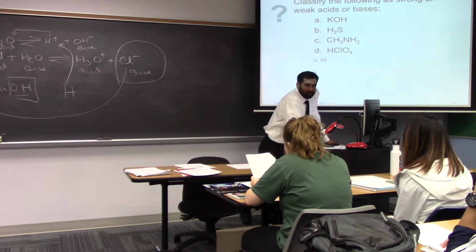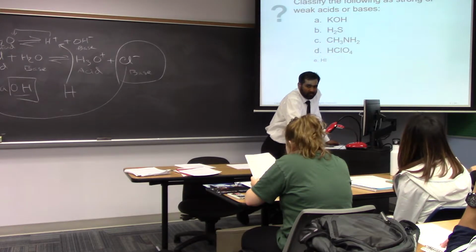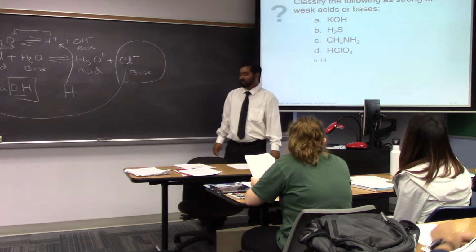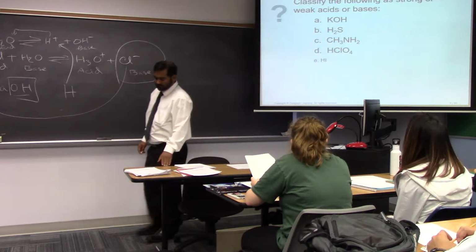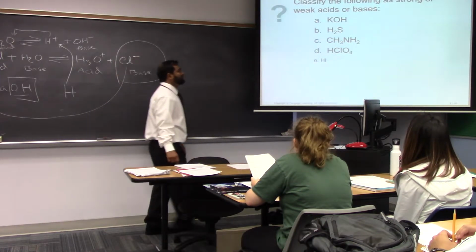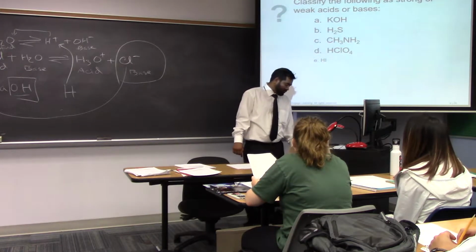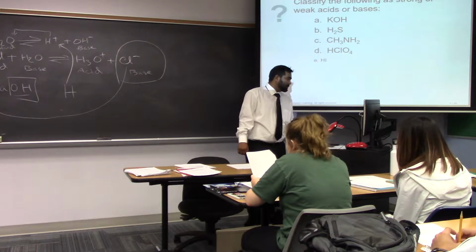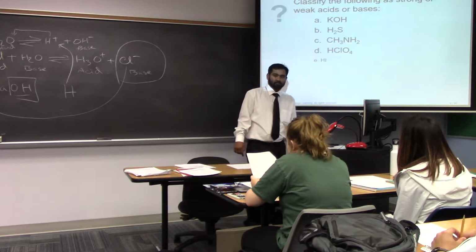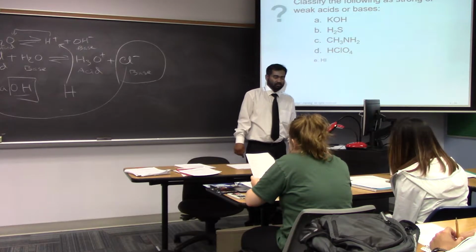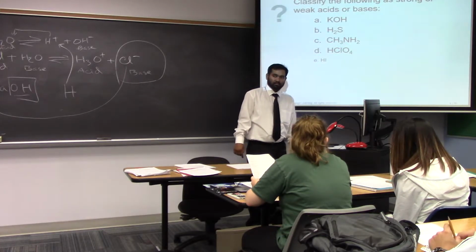Then methylamine is a base. How do you know this is a base? Yeah, hydrogen is not on the left. It doesn't start with hydrogen, right? And next one, chloric acid. It is strong and it's on the list. So it is strong acid. How about HI? Strong acid.